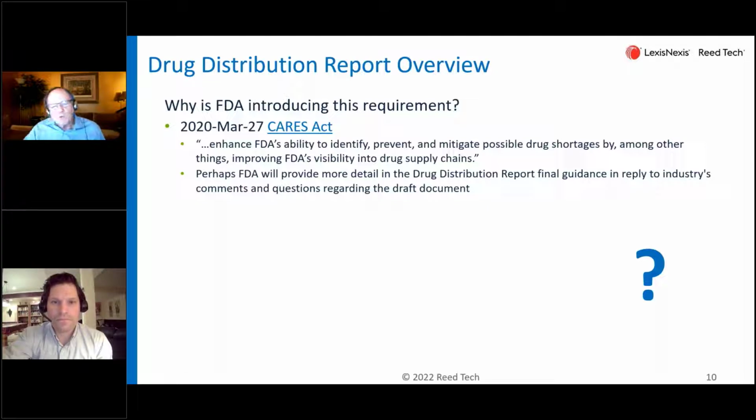Now, there might be some more detail when that drug distribution report draft guidance goes final. Hopefully there'll be more information about this. I know this is quite a frequent question that the FDA has recognized, that has come back from industry in comments to that draft guidance. So we'll see. Unfortunately, I don't have a good answer except what we see here in print as to why the FDA is collecting yet more information on drug products.